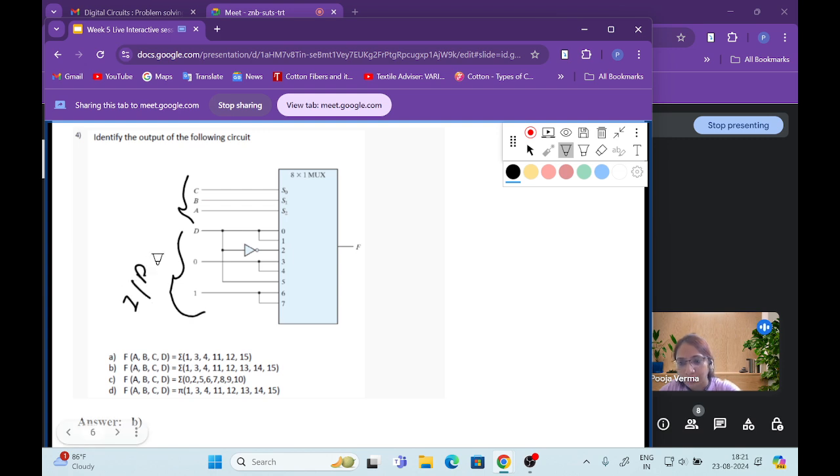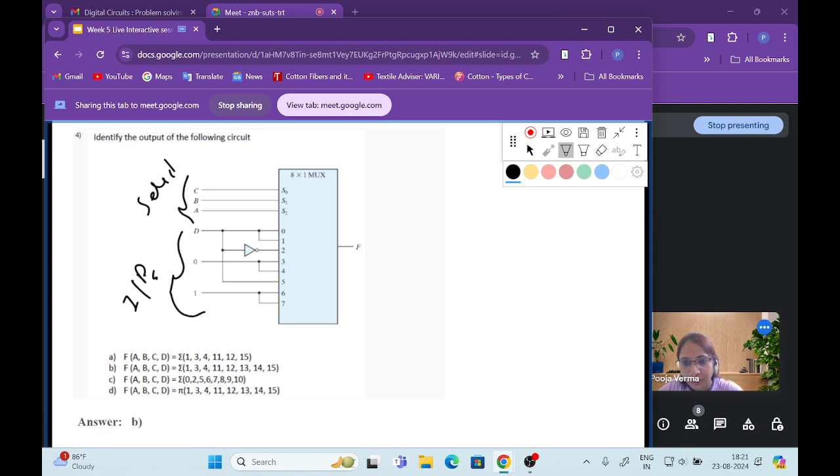These are the inputs and this is the selection line. So in order to find out f, first we need to write the truth table of this one.